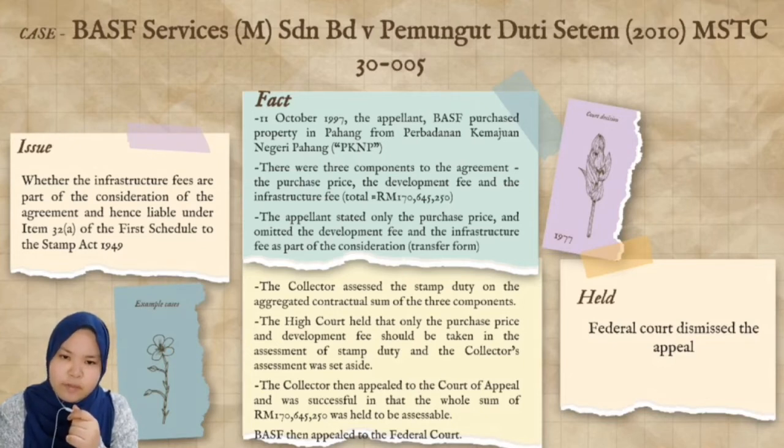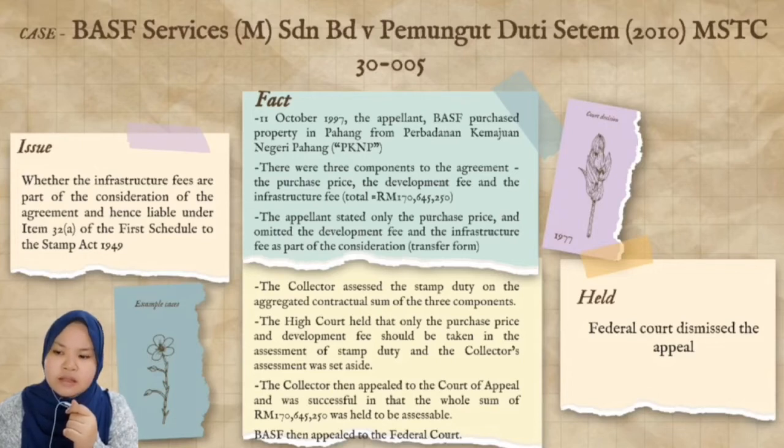The appellant stated only the purchase price and omitted the development fees and infrastructure fee as part of the consideration in the transfer form. The collector assessed the stamp duty on the agreed contractual sums of the three components. The High Court held that only the purchase price and the development fees should be taken in the assessment of stamp duty, and the collector's assessment was set aside.